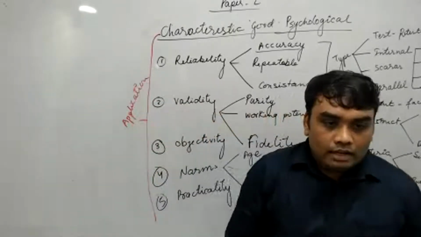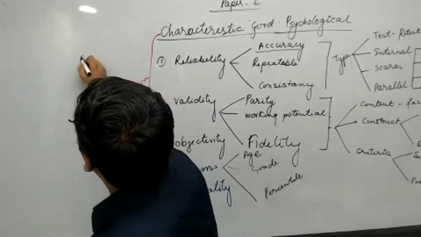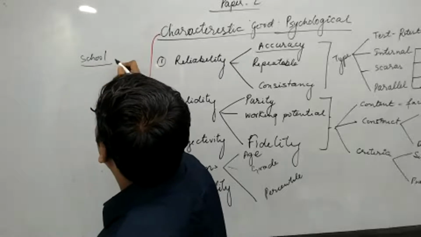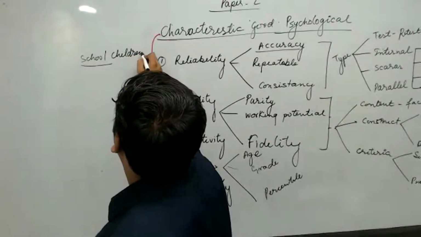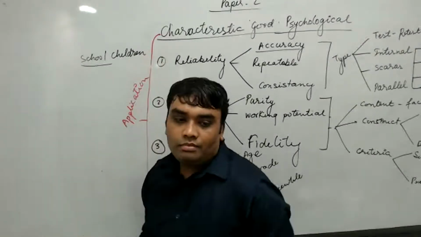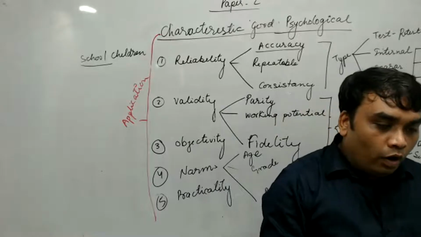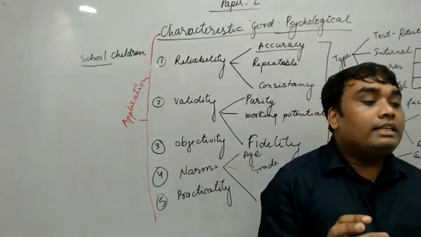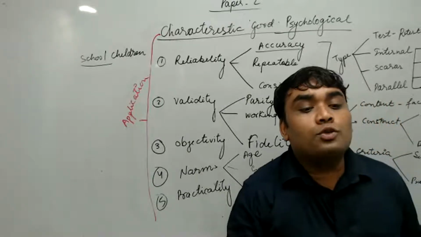Right? Suppose you want to make a test for school children. ये स्कूल चिल्ड्रन के लिए अगर आपको बनाना है, if UPSC asks what are the characteristics of a test if we are making it for school children.